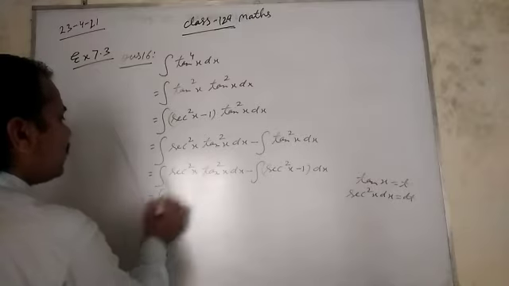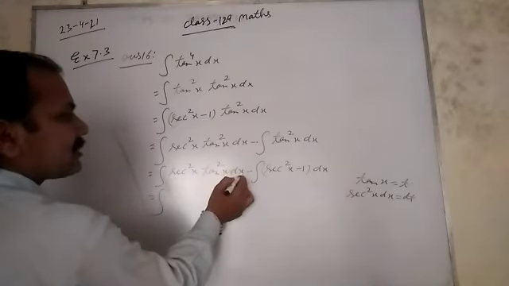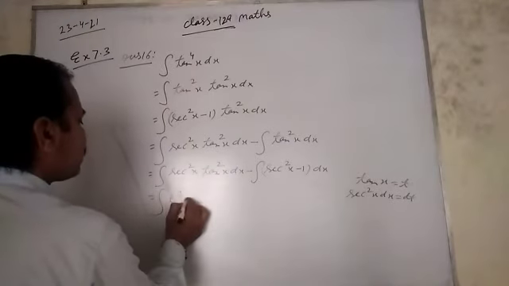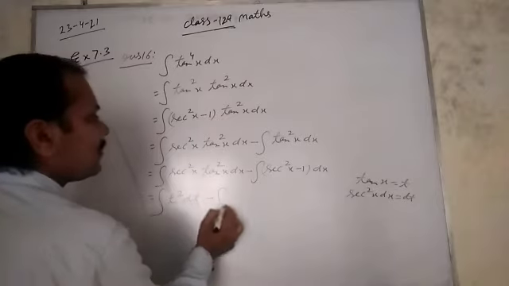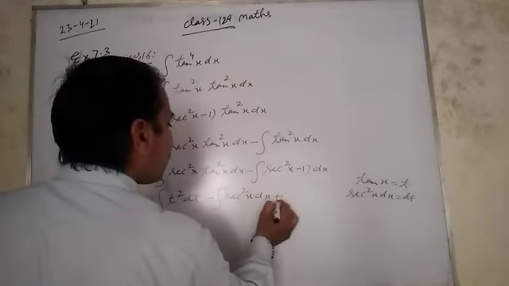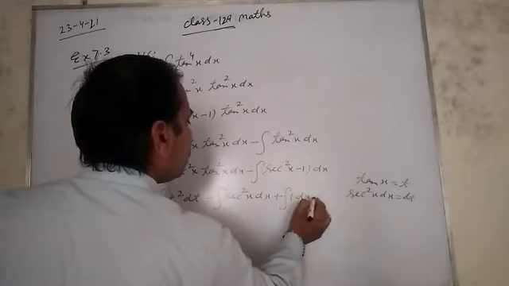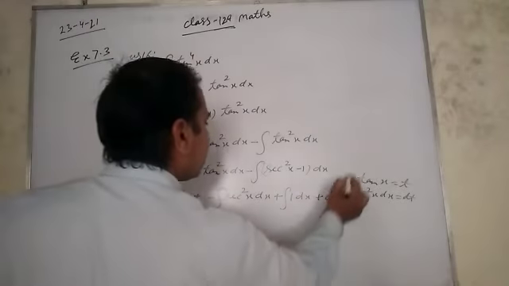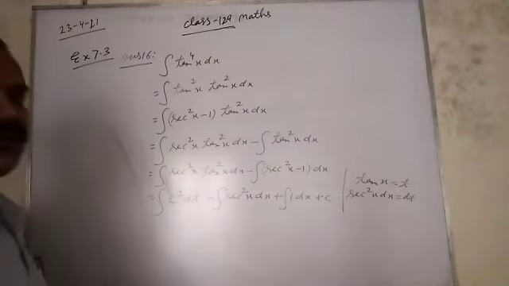Put here: sec square x dx is dt, so this becomes t square dt minus, opening the bracket, sec square x dx plus 1 dx, plus constant. After that you integrate it.